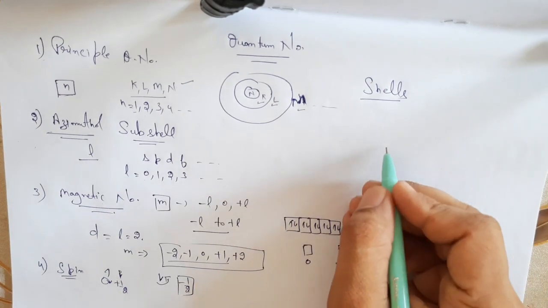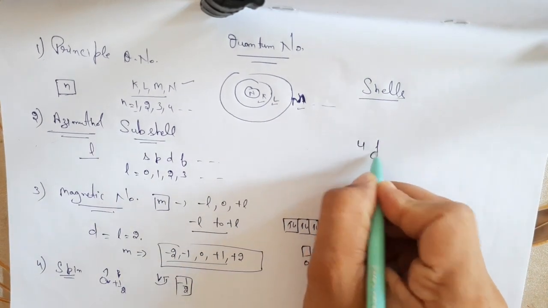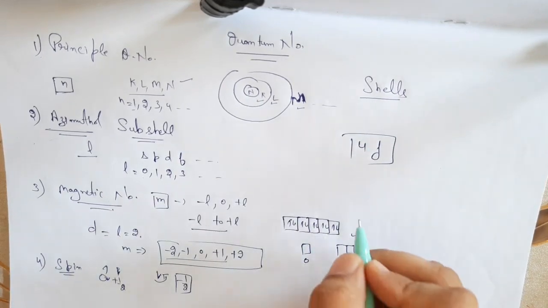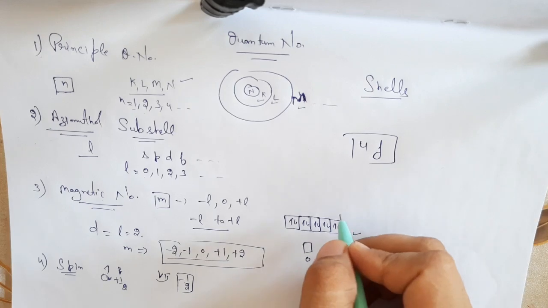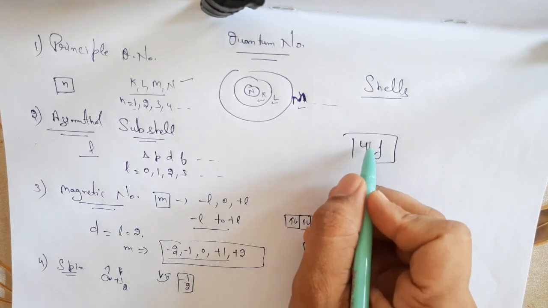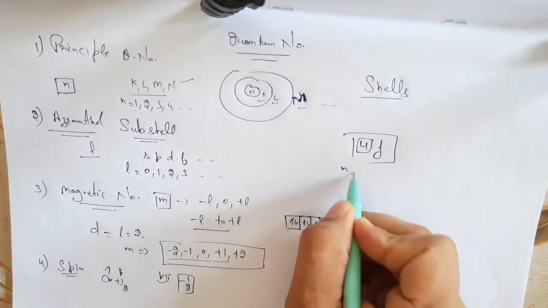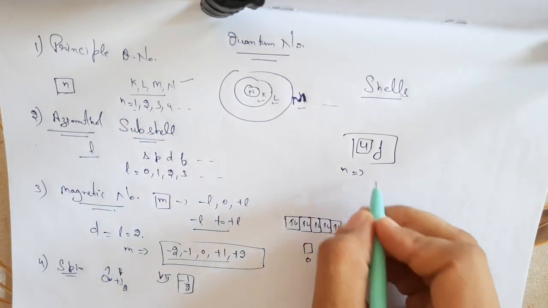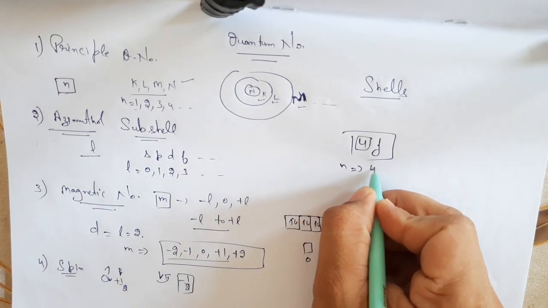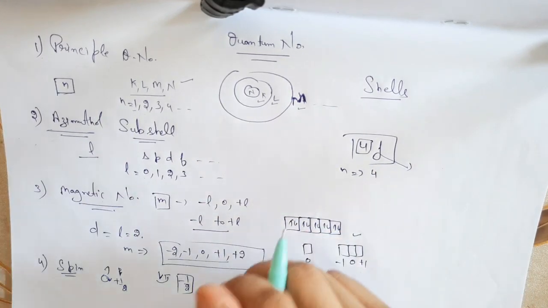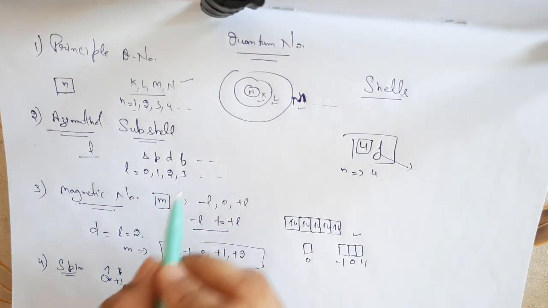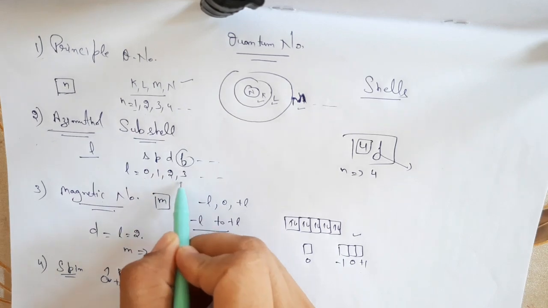Let us take an example of 4f. Now, let us see the various quantum numbers for 4f. Here 4 represents n, where n is the principal quantum number, so the value of the principal quantum number here is 4. And f represents the azimuthal quantum number. For f, we have l equal to 3.